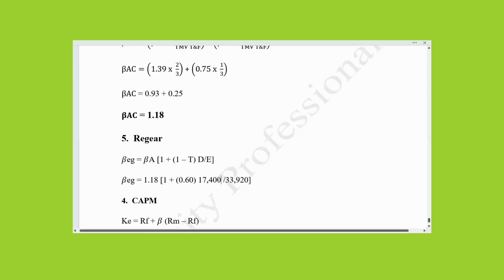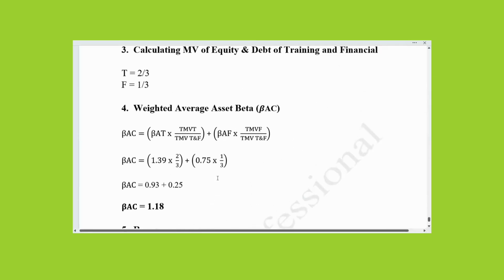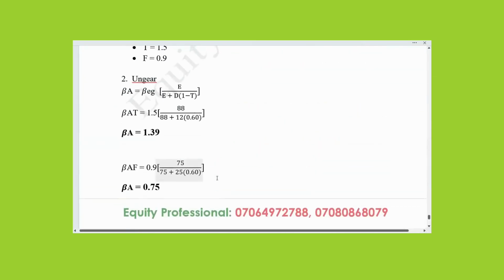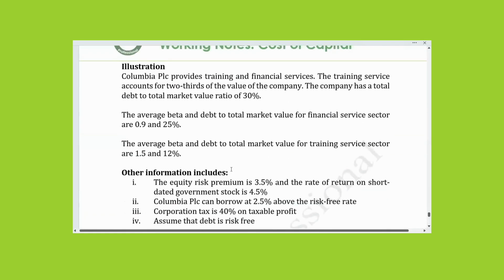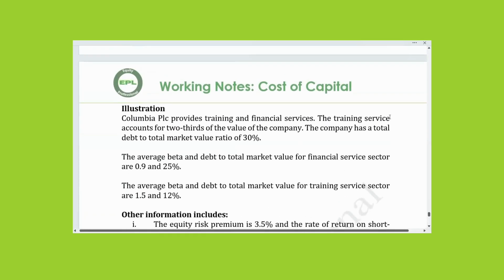The debt equity proportion, like I mentioned, from step 5 to step 7, you need information about the company. Therefore, I will go back to the question to check the debt equity proportion. In the first paragraph, you are told that the company has a total debt to total market value ratio of 30%.